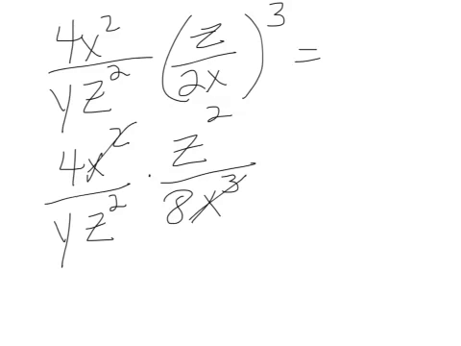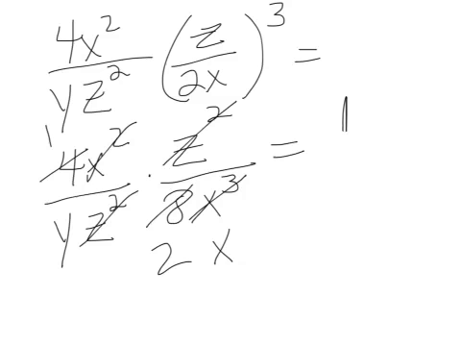Cancel the x's. We have an x on bottom. Cancel the z's. They go out. Cancel the 4 and the 8. So we're going to have a 1 on top over 2xy.